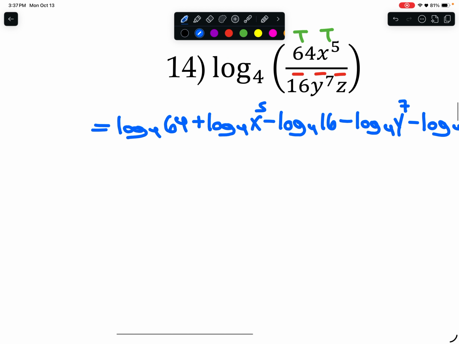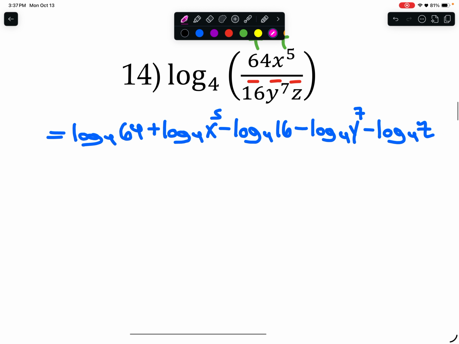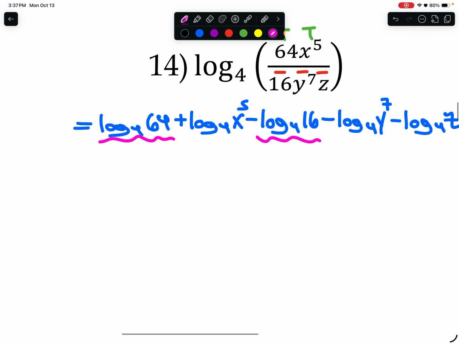Now what's important here is whenever you can, you want to rewrite your logarithmic values as constants when possible. So you want to ask yourself, log base 4 of 64. This is the same as asking yourself, 4 to what power gives you 64? Well, in this case, that's going to be 3.